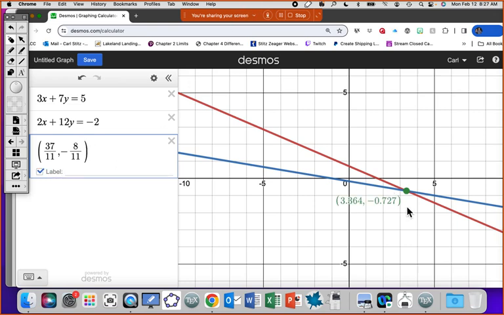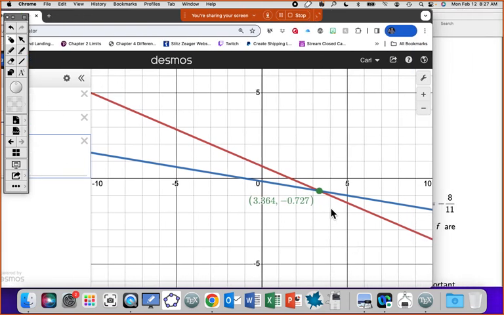Boom. That's exactly where these two lines do what? Yeah, that's where they intersect.